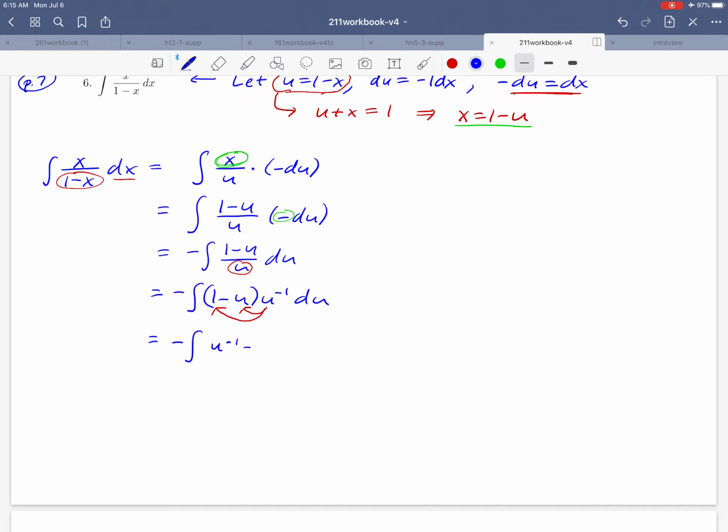Now algebraically, let's think about this for a minute. Remember that when we write u, that's really u to the 1. And so what we're really doing is taking u to the 1 times u to the negative 1. Let's just rewrite that, and we can simplify it at the next step. Kind of a lot of algebra steps going on here.